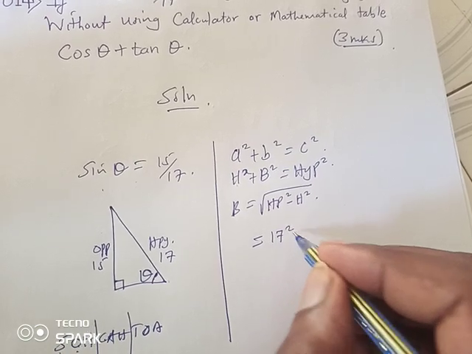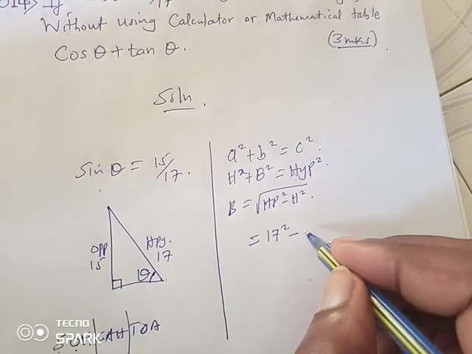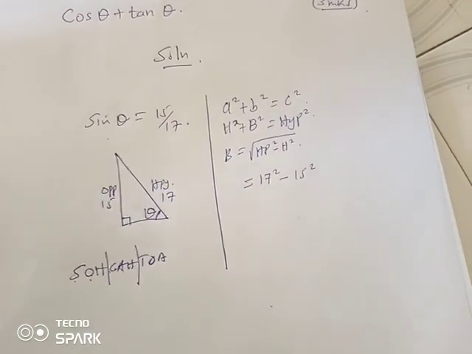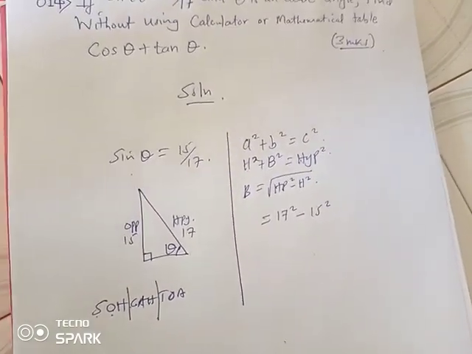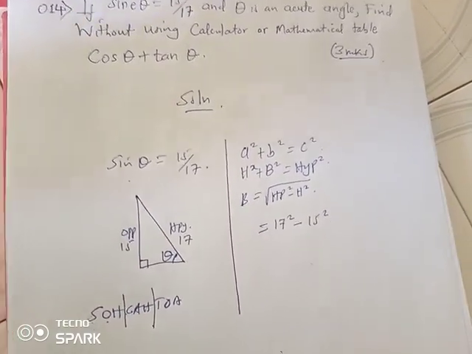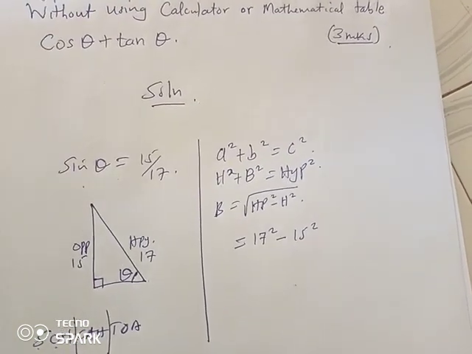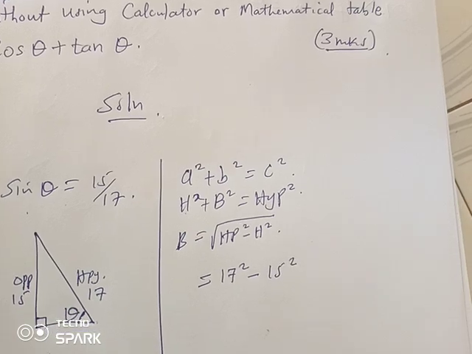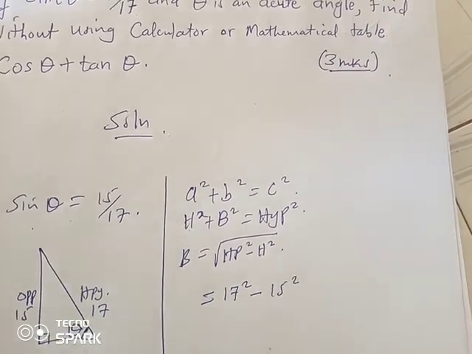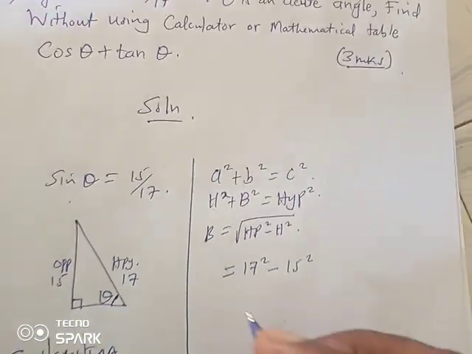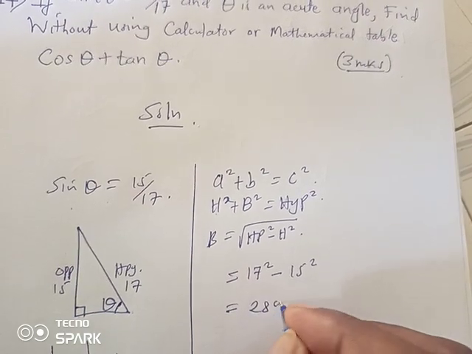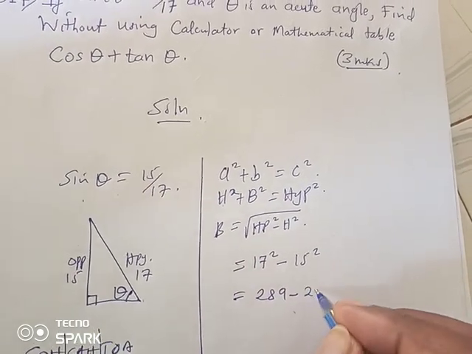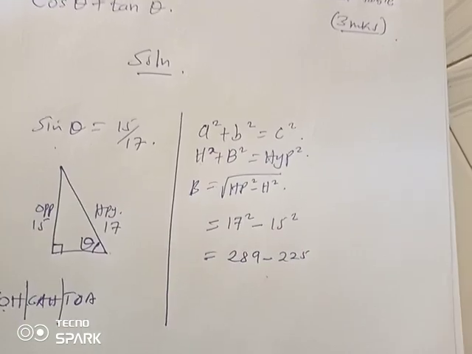That is 17 squared minus 15 squared. Squaring our 17, we get 289 minus 225.